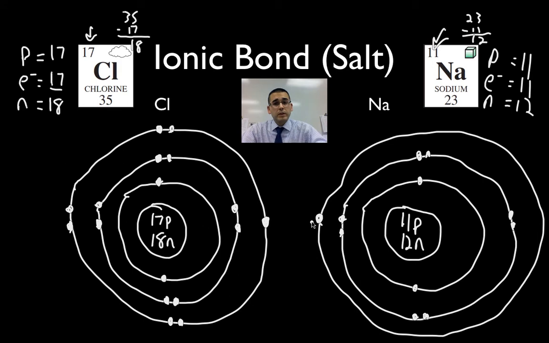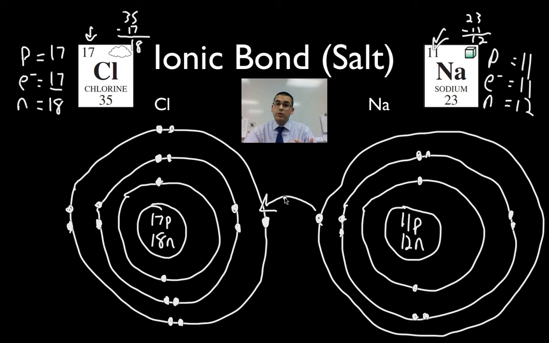Now, for sodium to become stable, to become an ion, it needs to get rid of 1 electron. Now remember, getting rid of 1 electron is a lot easier than adding 7. So that's exactly what it does. It actually transfers that electron over to chlorine. For chlorine to become stable, it needs 1 electron. So this is the perfect match.